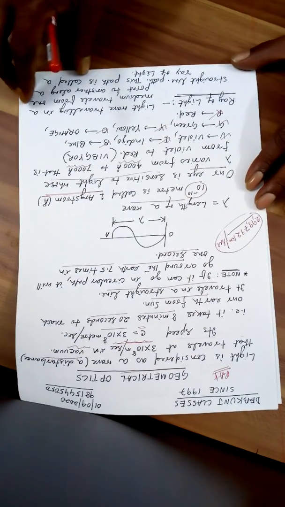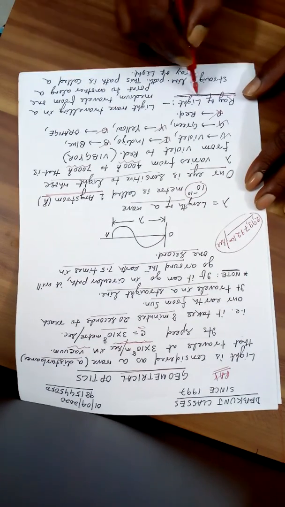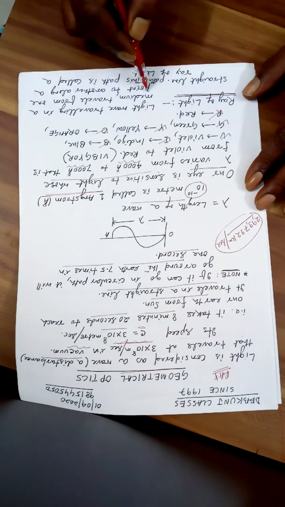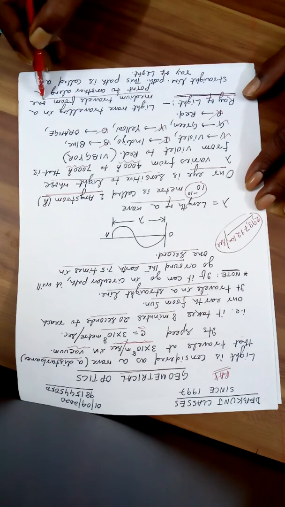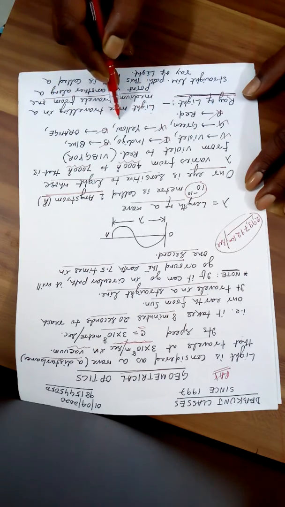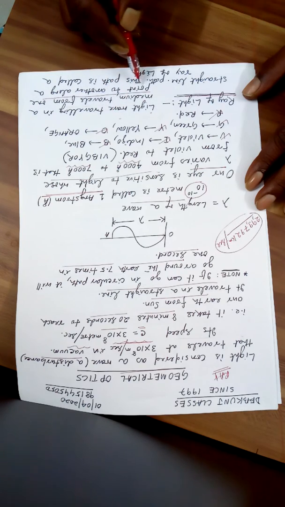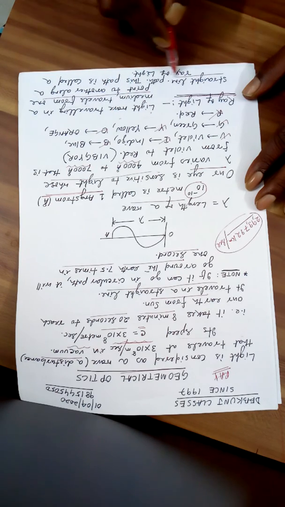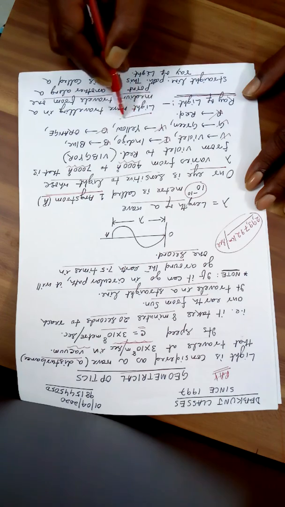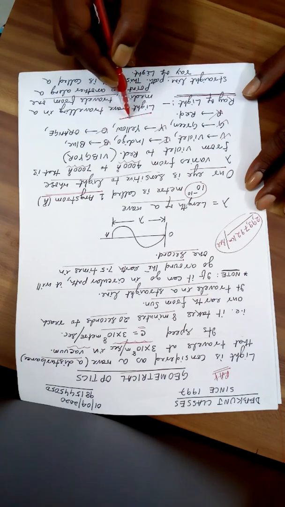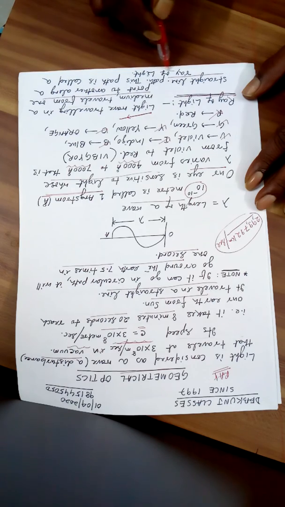Now, what is a ray of light? Light wave traveling in a medium travels from one point to another in a straight line path. That path, which is represented by a line and an arrow, is called a ray of light.